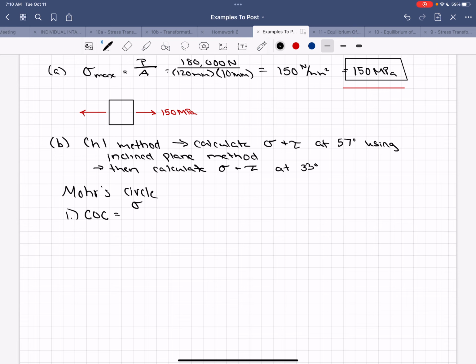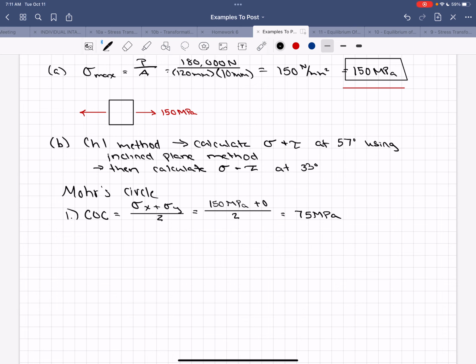That just equals the stress in the x direction plus the stress in the y direction over 2, the average of the two stresses. So that equals 150 megapascals plus 0 over 2, and we get a center of the circle at 75 megapascals.